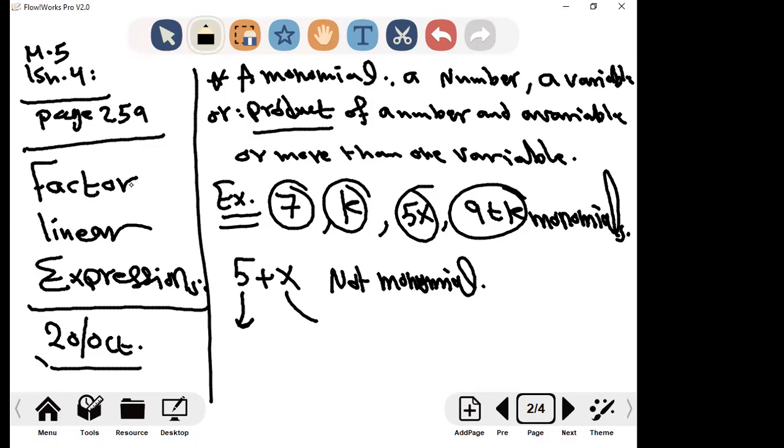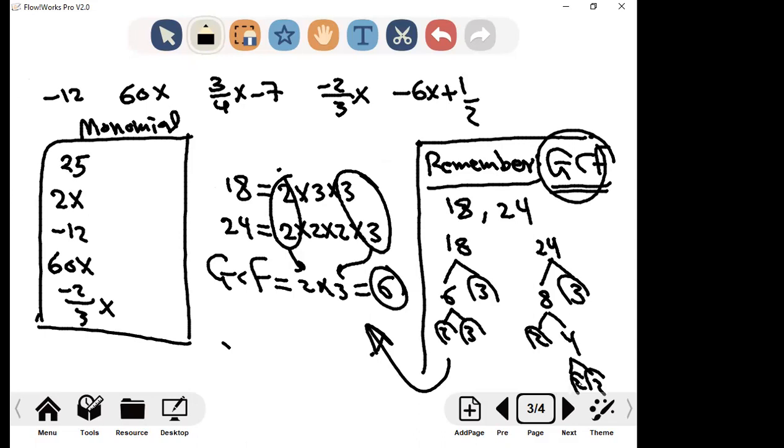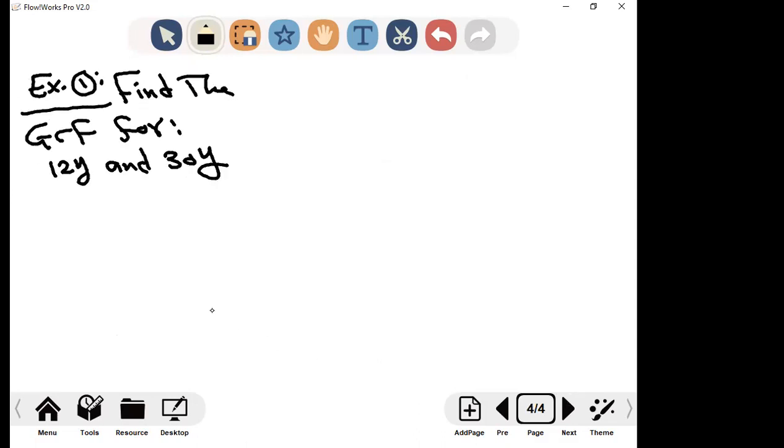Now, as we use the greatest common factor of numbers to make simplest form in fractions, we will use the greatest common factor for algebraic expressions to make what? So today we will find the greatest common factor. Tomorrow we will use the greatest common factor to make factoring. Okay? So let's find the greatest common factor now.